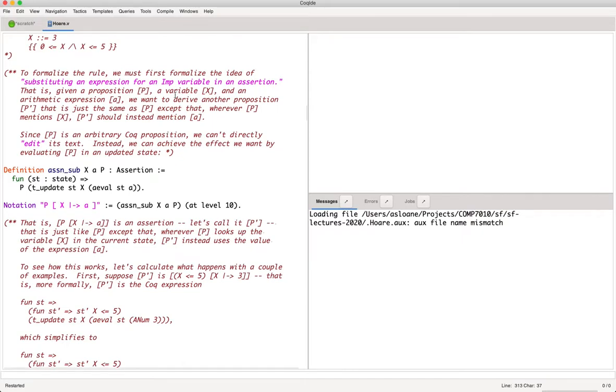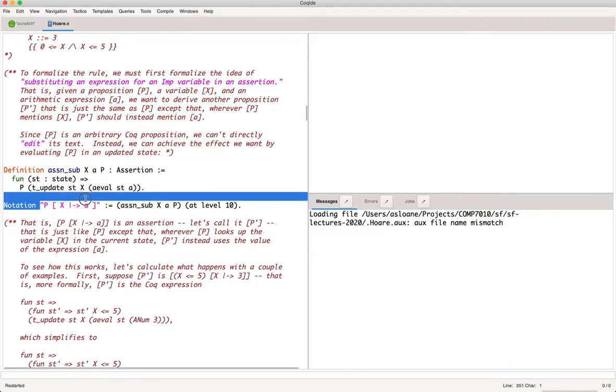So the way they formalize it here with this assignment substitution, again it's taking the variable x and substituting all the x's with a in the assertion p. They do that by constructing a new assertion, which is p, but where the state that we're applying it to has x updated to be the value of a. This is equivalent to the textual substitution version that we might otherwise have used.